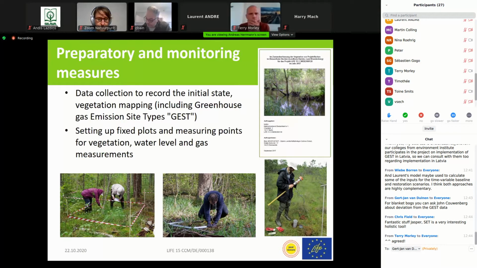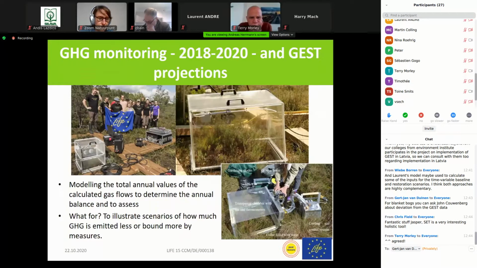Then we set up fixed plots and measuring points for vegetation, water level, and additionally also for gas measurements. The gas measurements started in 2018 and 2020. Here you can see our first system with a colleague from Latvia.